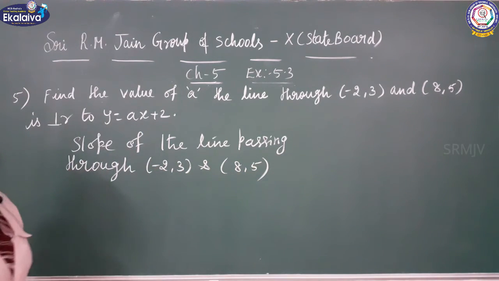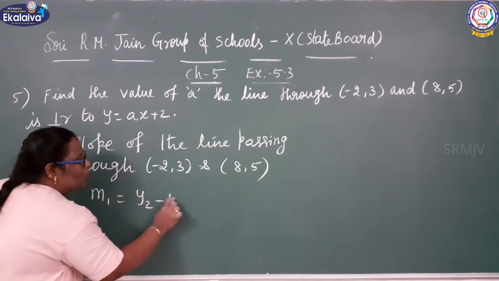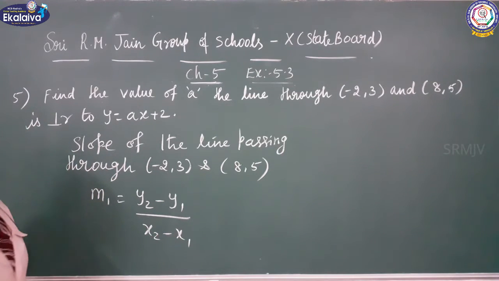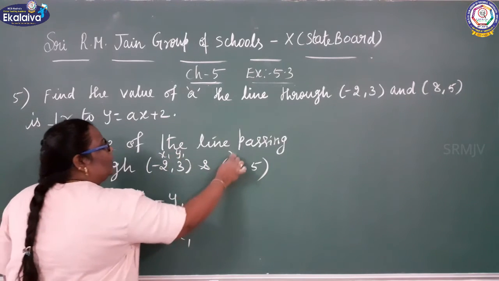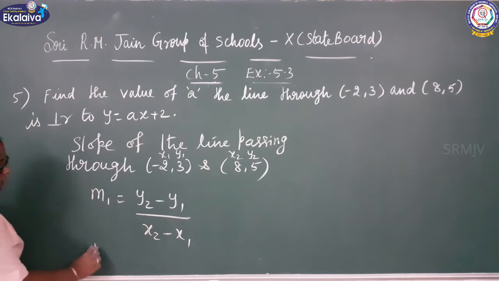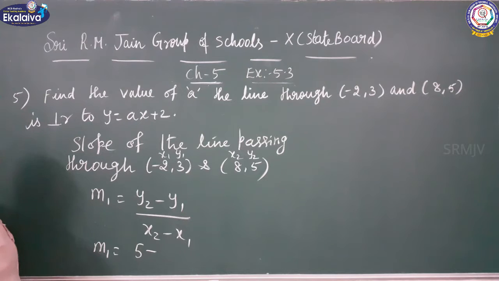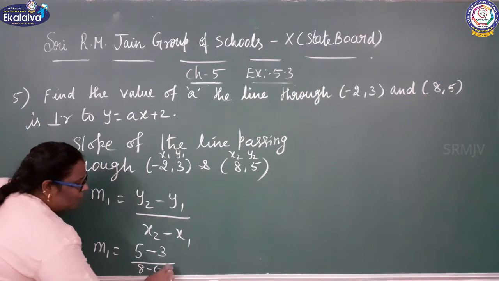What is the formula? You can take it as m1 equal to y2 minus y1 by x2 minus x1, where this is x1, y1 and x2, y2. So m1 equal to y2, 5, minus y1, 3, by x2, 8, minus of minus 2.